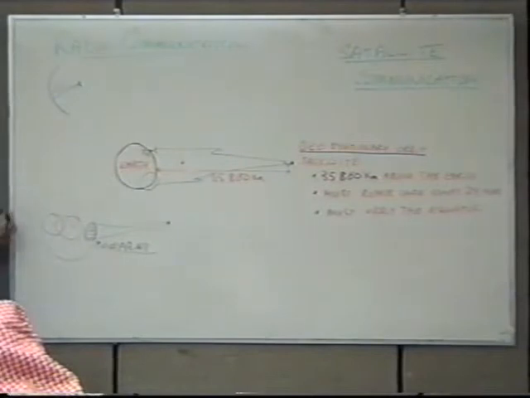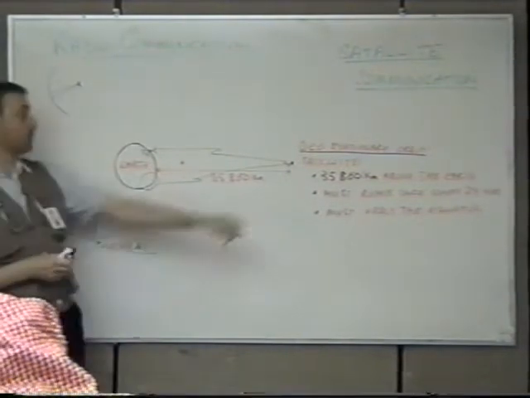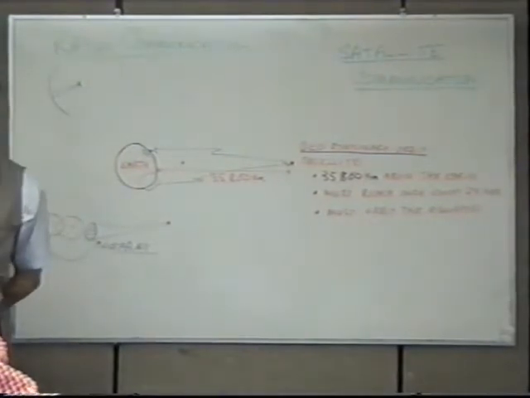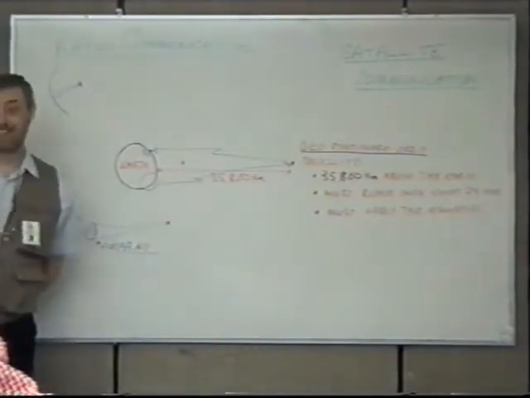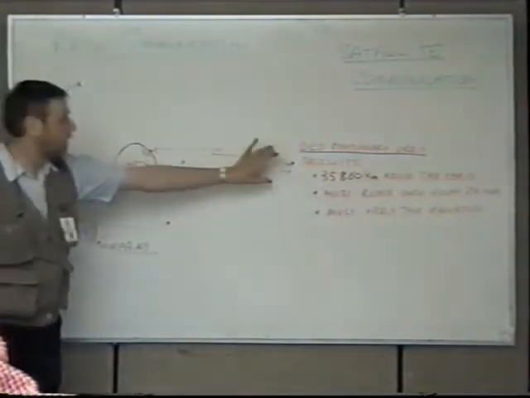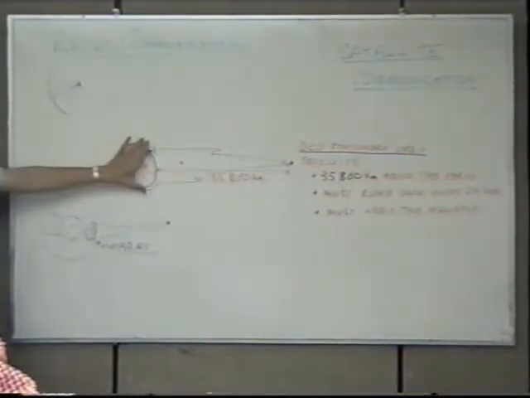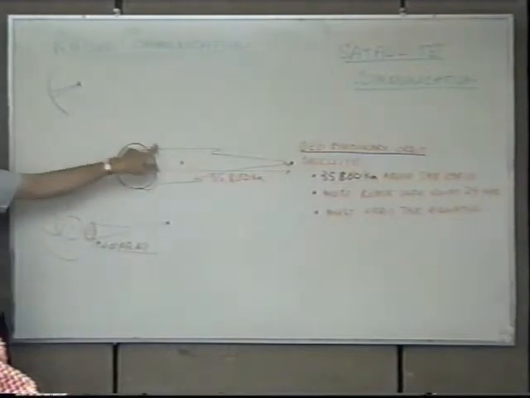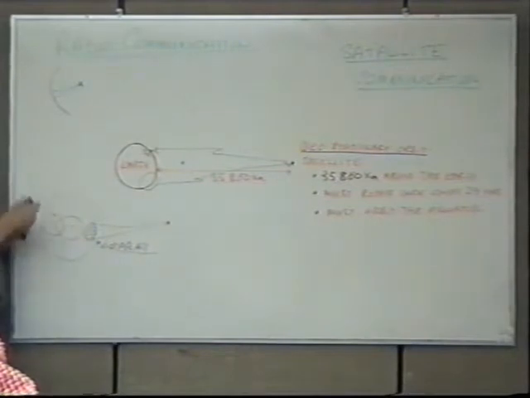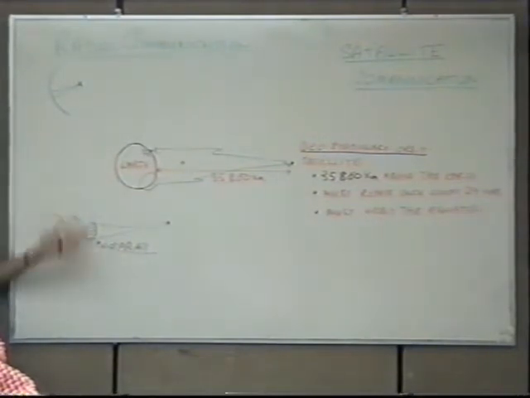One thing to remember, of course, is that any given satellite, just one satellite, cannot cover the whole of the Earth. That's impossible. Because if you think about it, even if it beamed everything it could, it's only going to cover one side. And to get real good coverage, if you wanted worldwide coverage, you would really need 3 satellites.